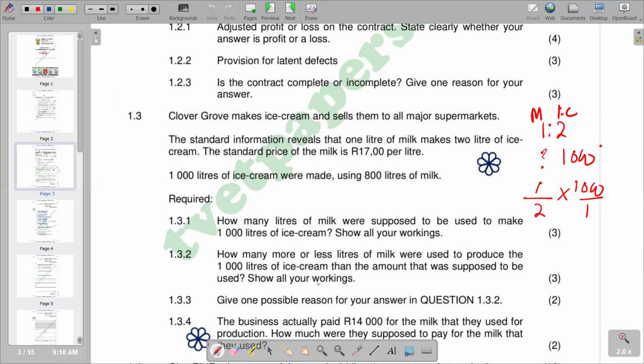Show all your workings. So how many more or less liters of milk were used to produce the 1,000 liters? So basically we are saying we had 800 liters of milk. So from 800 liters of milk, how many more liters were supposed to be used is the question.